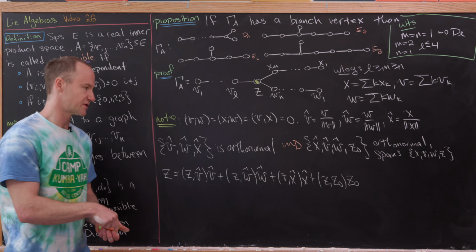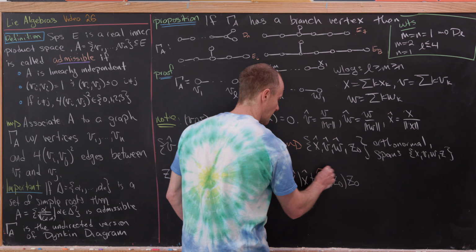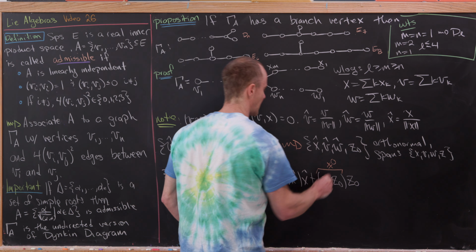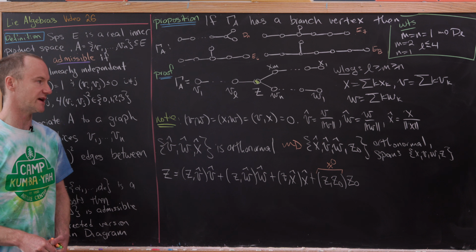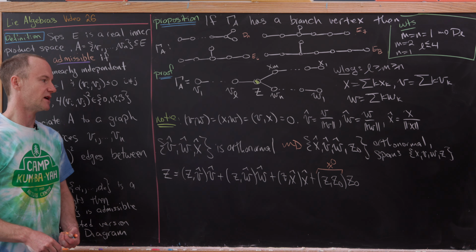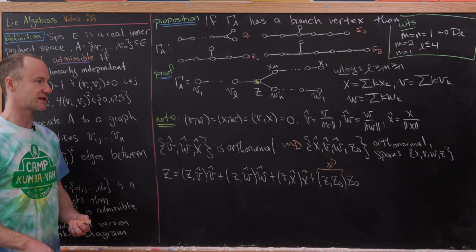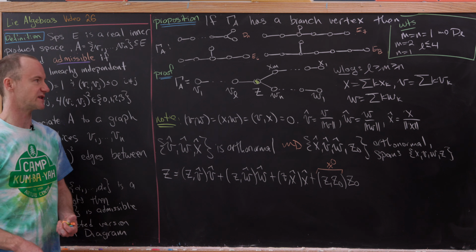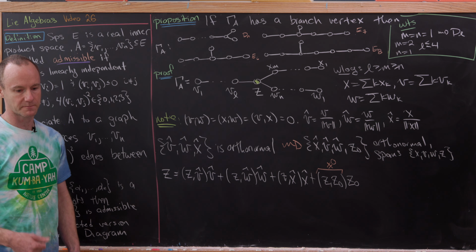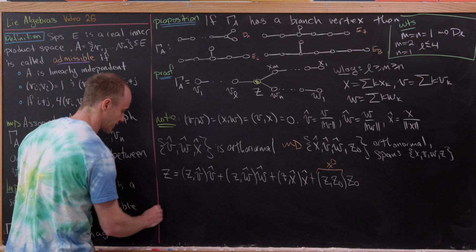But now let's observe that this z inner producted with z naught cannot be equal to 0, because otherwise z would be in the space spanned by x, v, and w, which we know it's not just by our picture up here.